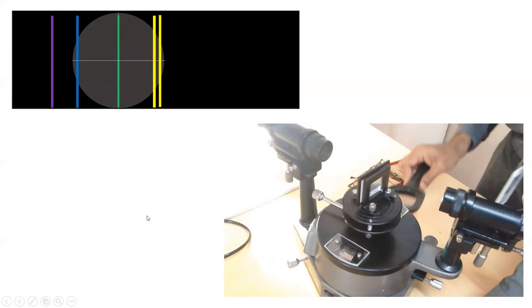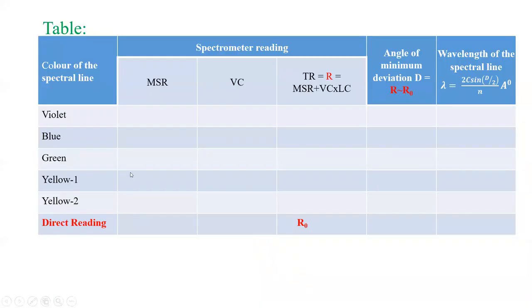To tabulate the values, this is the table for the values you are observing in the spectrometer diffraction grating experiment. For the first, violet color, note the main scale reading and the vernier coincidence, multiply the vernier coincidence with the least count, that is 9 minutes, divide by 60 to convert to degrees, and add to the main scale reading, which equals 36.65.